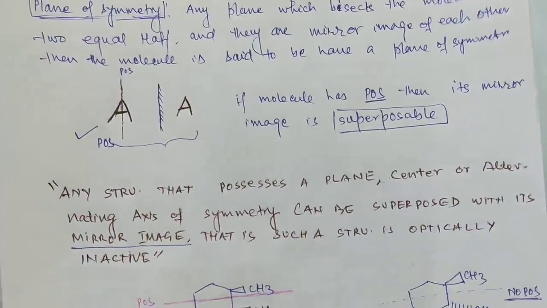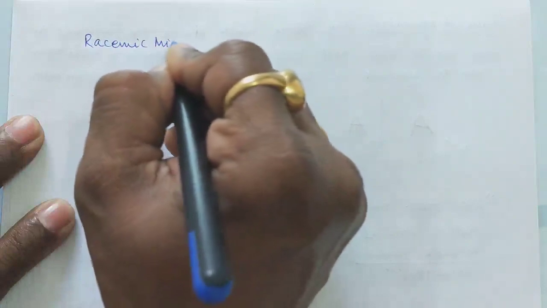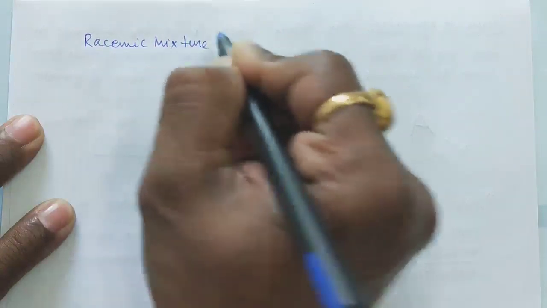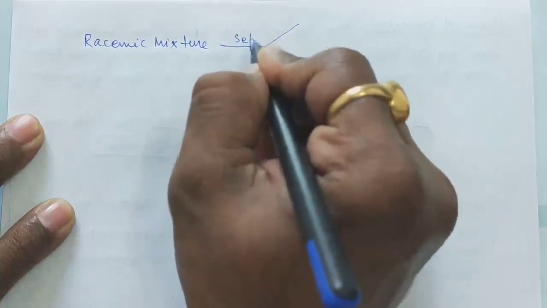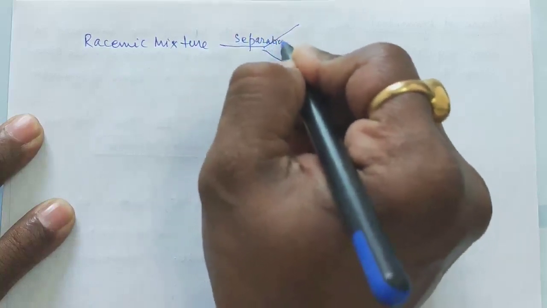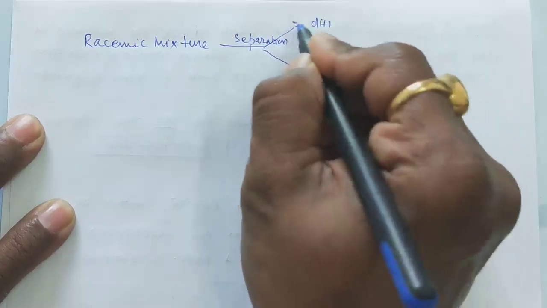See, suppose we separate them, suppose a racemic mixture is there, and the separation between D plus and L minus.